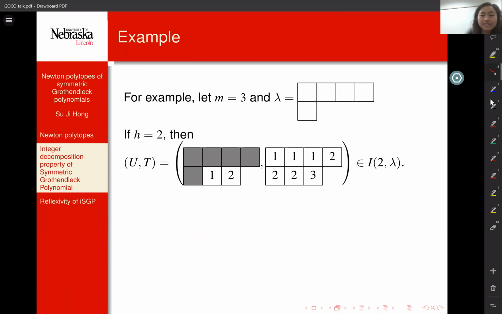So let's look at this example. If we let M be 3 again and lambda be 4, 1, then if H is 2, now this is a possibility. Before, this wasn't a possibility because the second row could only have filling 1, so we couldn't have that when we were looking at SGP. But now that we're looking at inflated SGP where H is equal to 2, we can let this be 1, 2, and this is in I of 2, lambda.